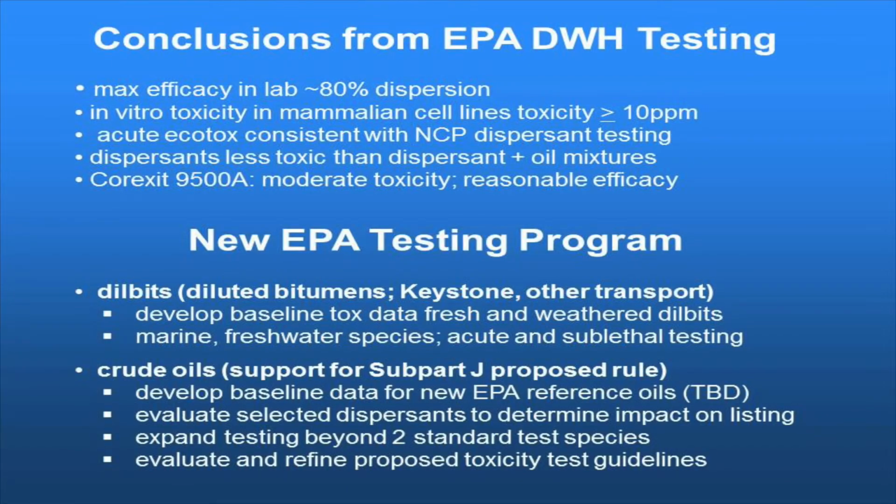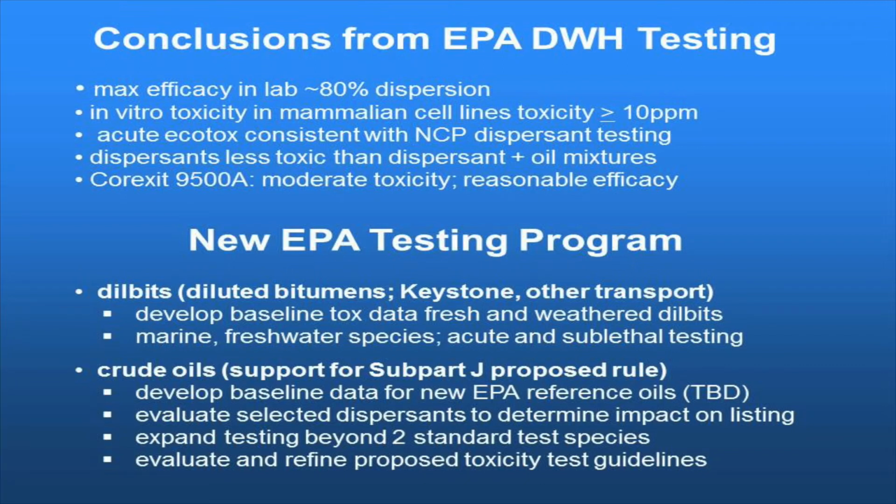The other thing we're doing, in part because EPA got over 80,000 comments on the revised Subpart J rule, which determines how dispersants will be listed, monitored and tested, is that we are starting out probably in January to develop baseline data under the new proposed testing guidelines. We're also going to identify 2 new reference oils.